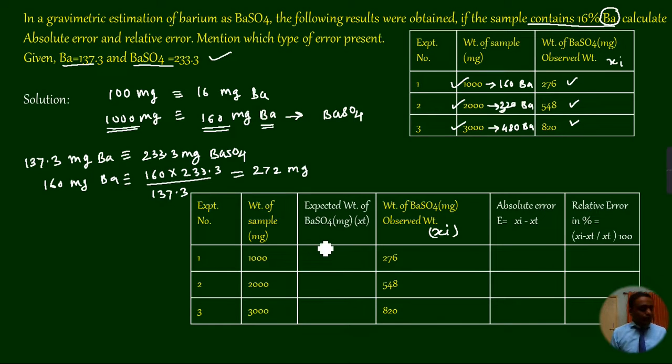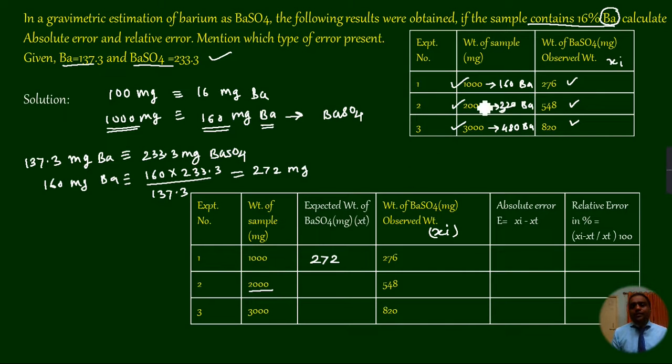So the expected value of barium sulfate for 1000 milligrams would be 272 milligrams.